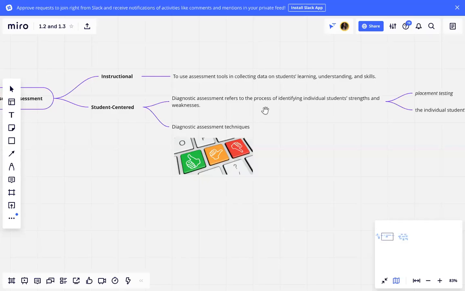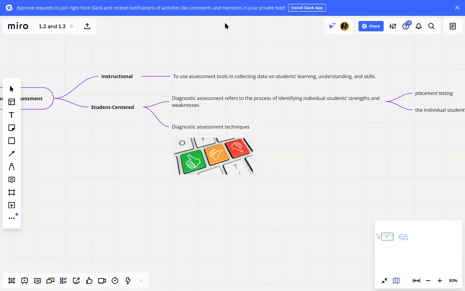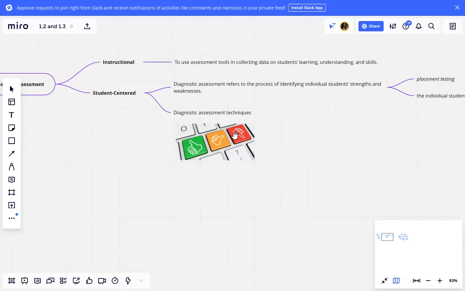Diagnostic assessment, on the other hand, focuses on the individual student's strengths and weaknesses. Assessment approaches are being used to identify students at risk of failing university courses in order to provide support for learning.